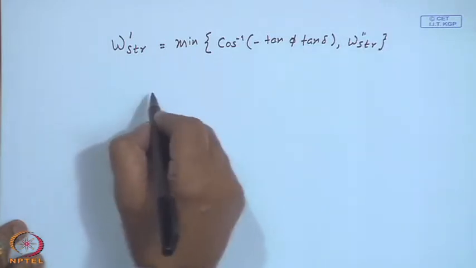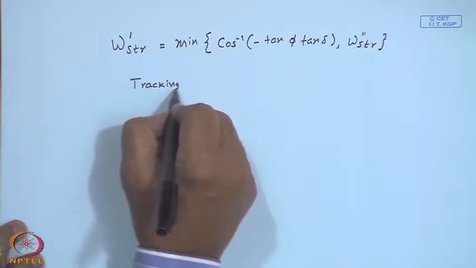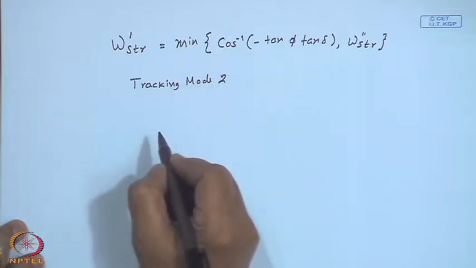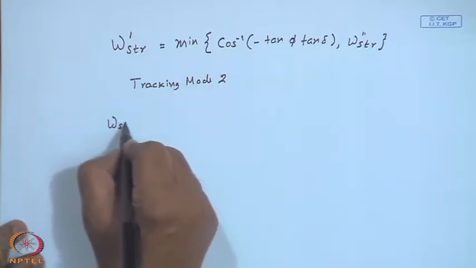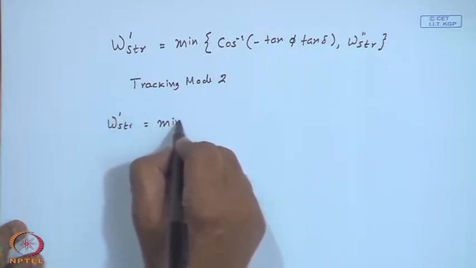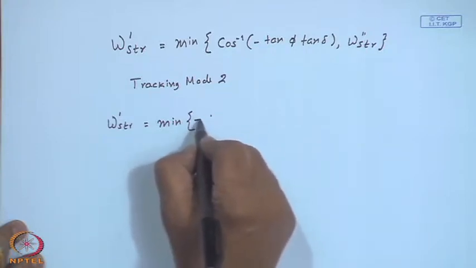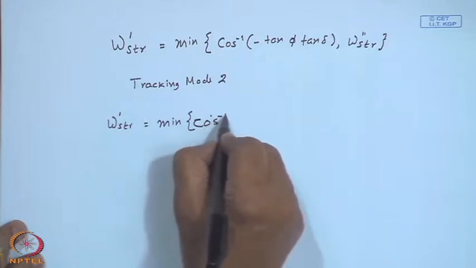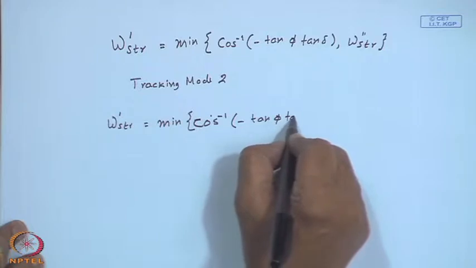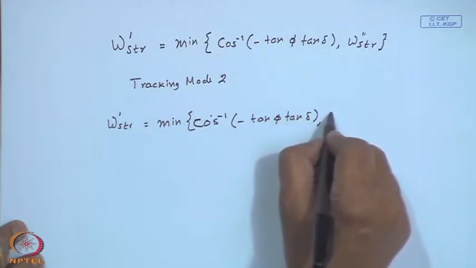So, if you do the same thing for tracking mode 2, set theta equal to pi by 2, omega S TR dashed will be again the minimum of the physical sunset hour angle, which is cos inverse of minus tan phi tan delta, and 90 degrees.